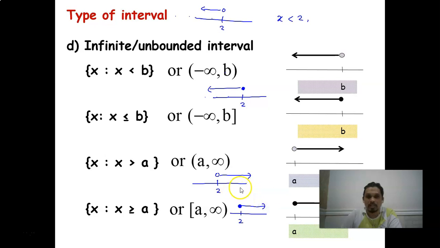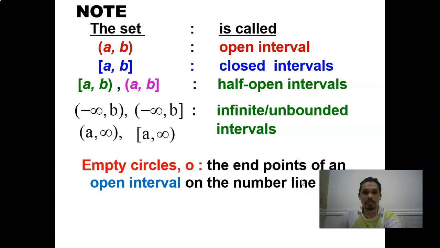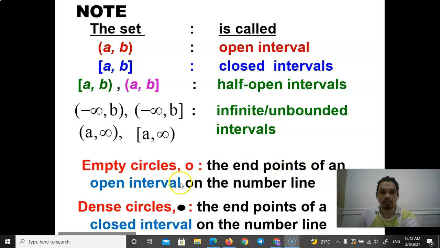So this one begins with 1, 2 is 3, 4, and so on, and this one begins with 2, 3, 4, and so on. Okay, that's it. So, the note here: an empty circle marks the end point of an open interval on the number line, and a filled circle marks the end point of a closed interval on the number line. So you just read all this here.